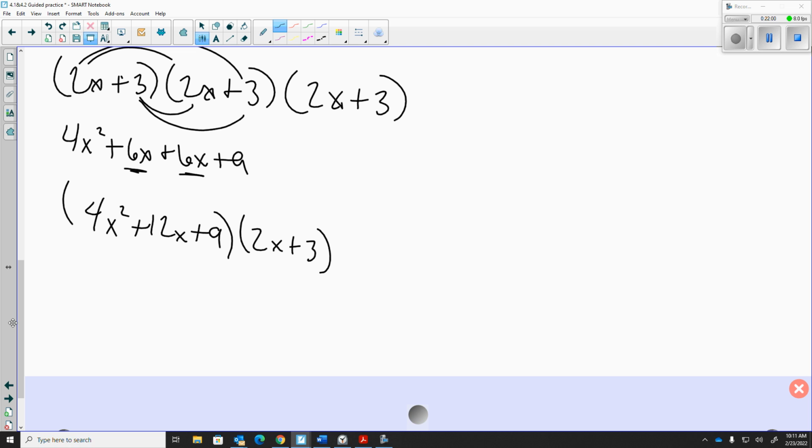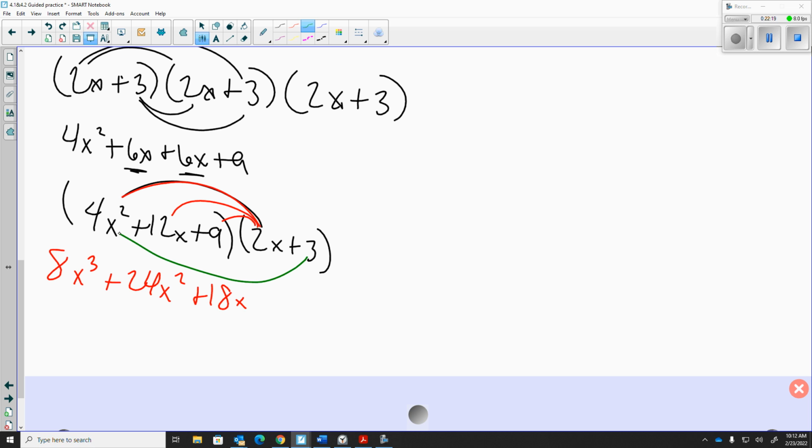I'll do some colors here. 2x times 4x squared, that's 8x cubed. 2x times 12x, that's 24x squared. 2x times 9, that's 18x. And then I do the same thing with the other piece. Multiply it by everything. So that's 12x squared, 36x, and 27.